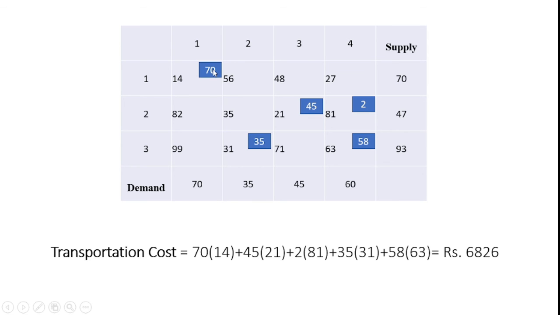Here 70 is the allotted value for the first row and first column, so 70 into 14. After that 45 into 21, 2 into 81, 35 into 31, then 58 into 63. From this calculation I get the transportation cost as rupees 6826. So this is the least cost method procedure for a transportation problem.